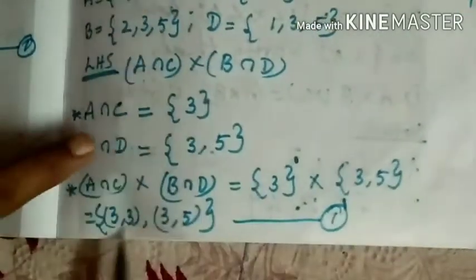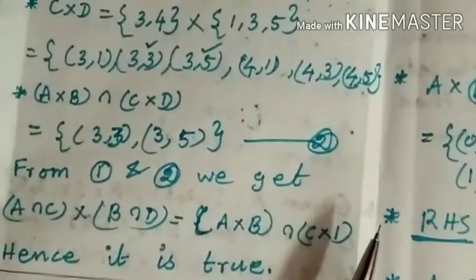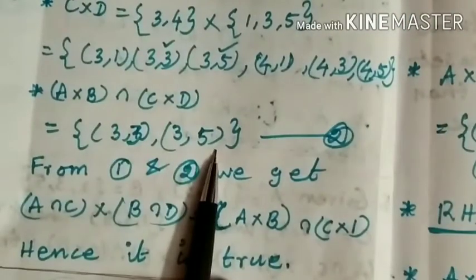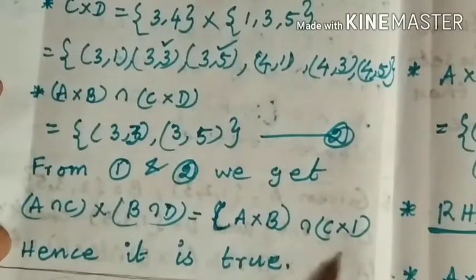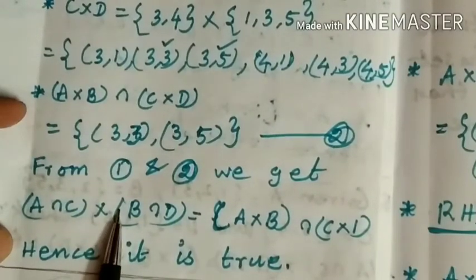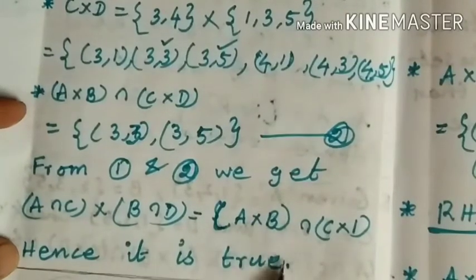The first step also gives (3,3), (3,5), and the second step also (3,3) and (3,5). So from 1 and 2 we verify the given property. The LHS and RHS are equal, therefore it is true.